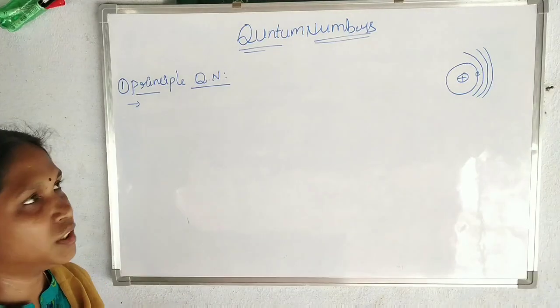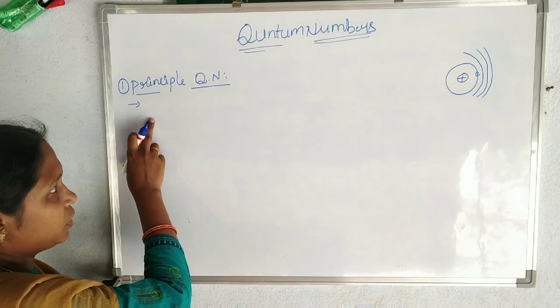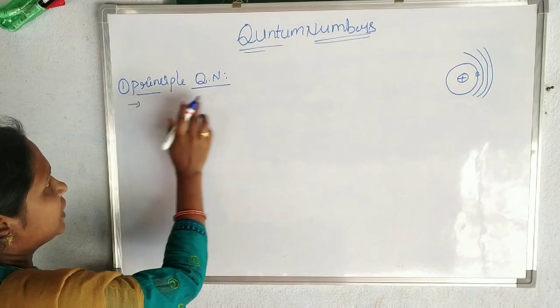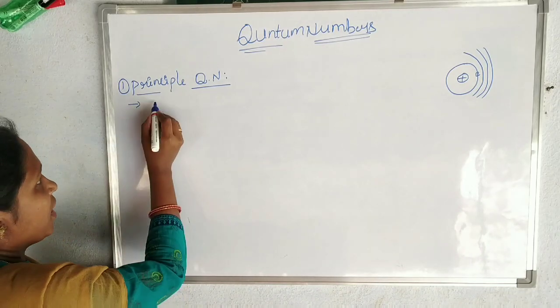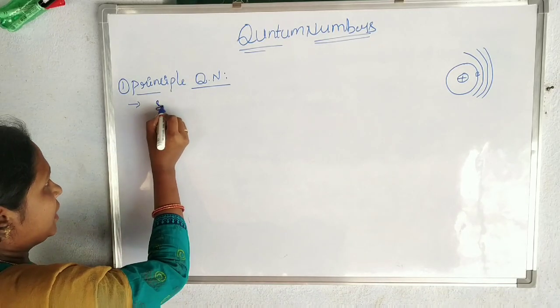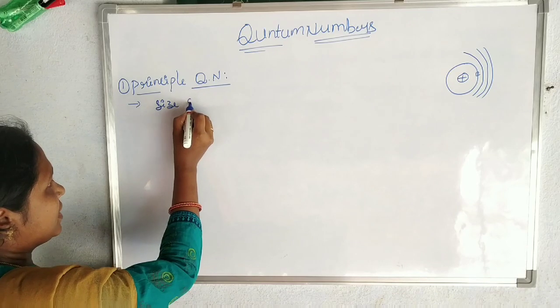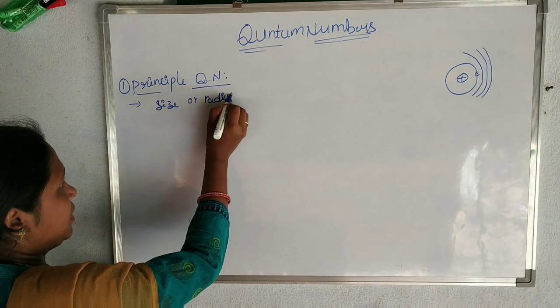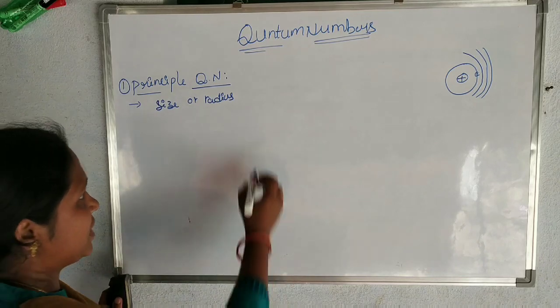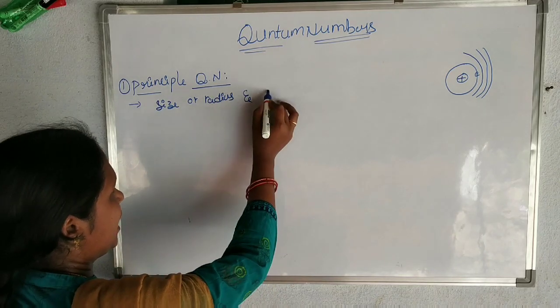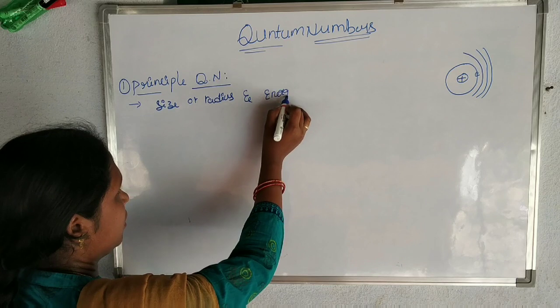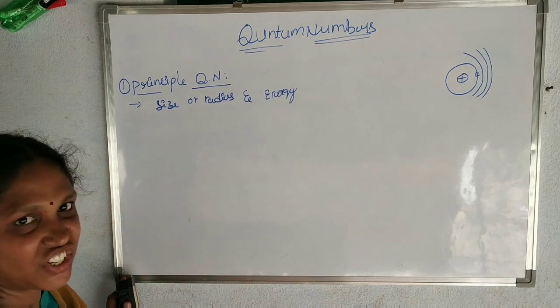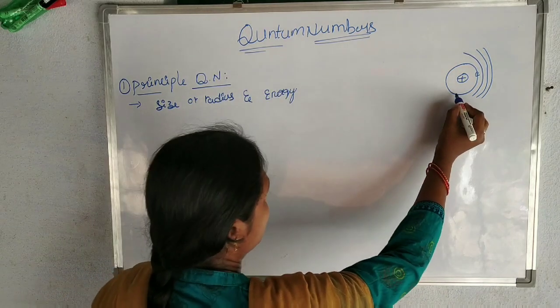The principal quantum number is explained by the scientist Bohr, and it explains the size, which we also call the radius, and the energy of the shells.